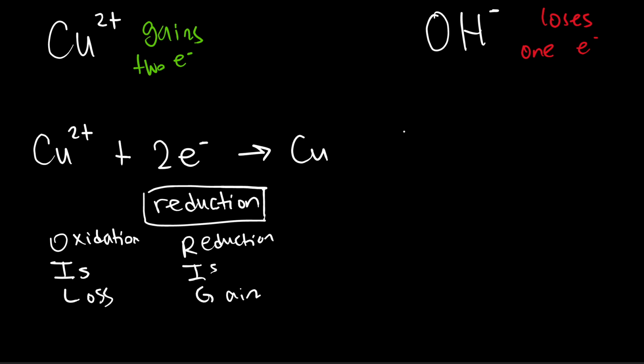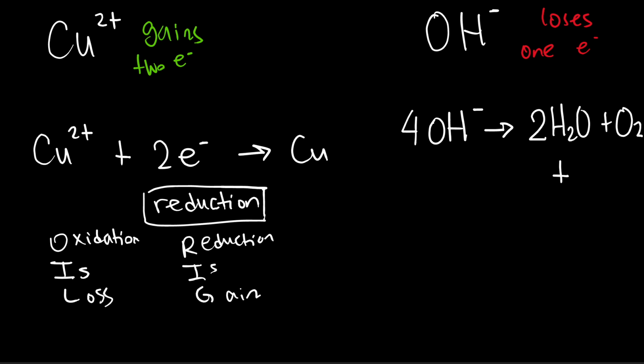Then for our OH minus, we're going to need 4 of these actually. It's going to form 2 H2O plus O2 plus 4 electrons.